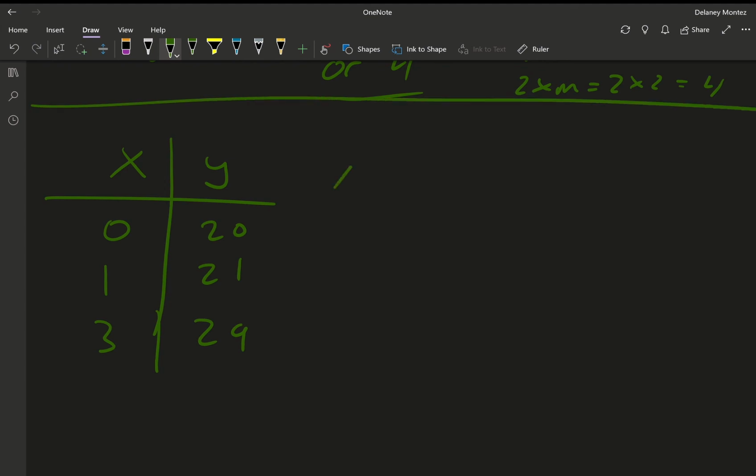Which of the following here could be f of x? So which choice of f of x?